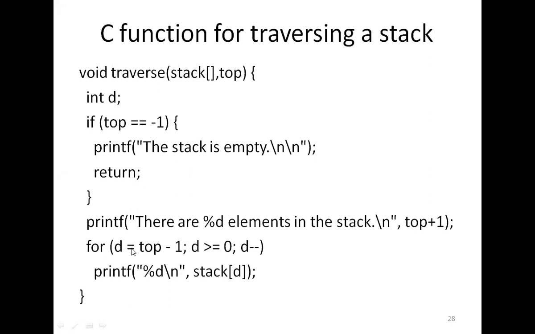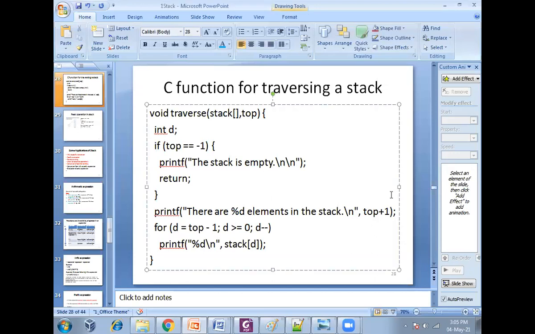Now for visiting, we can use this loop: for d equals top minus 1, d greater than or equal to 0, d minus minus. So we are starting from the top minus 1 value. No, we should start it from top. Yes or no?